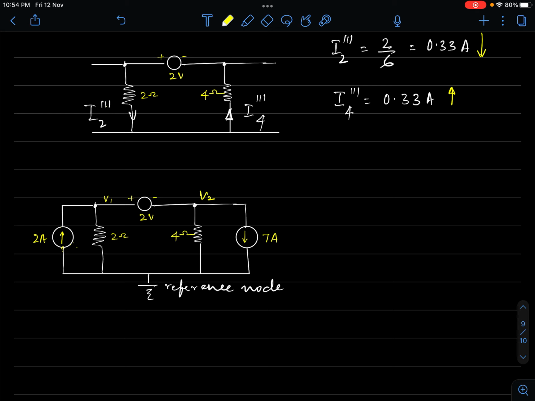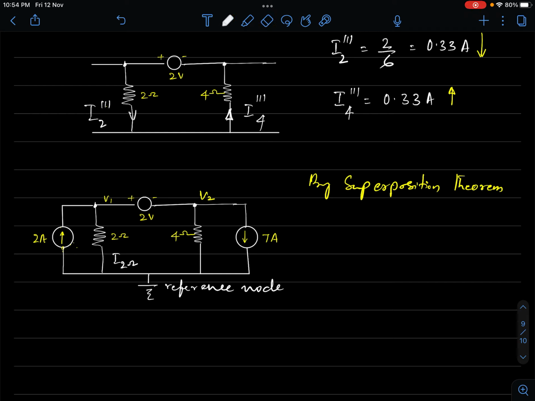Now I'll superimpose. So what do we mean by superposition now? By superposition theorem, my I through 2 ohm, what I mean is, this is my I through 2 ohm.